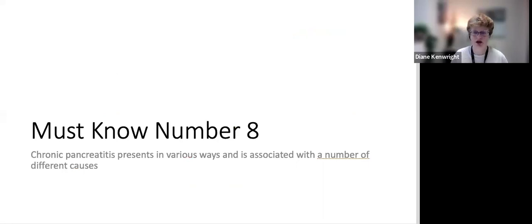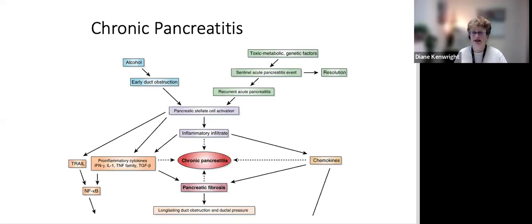Okay, chronic pancreatitis. Chronic pancreatitis presents in various ways and is associated with a number of different causes. Here is one of these nice flow diagrams again. Alcohol leads to early duct obstruction, not enough to cause acute pancreatitis, but enough to upset the pancreas and cause these stellate cells to activate.